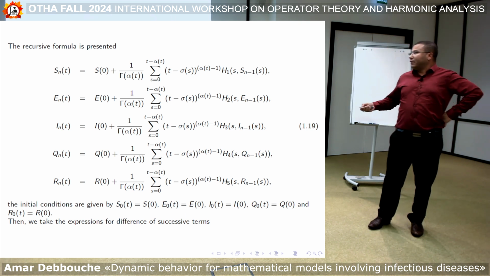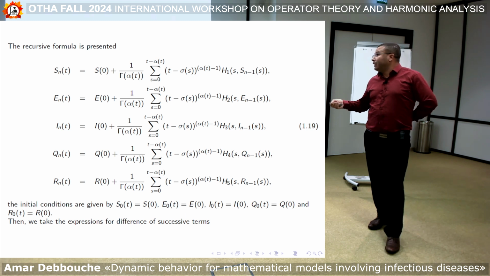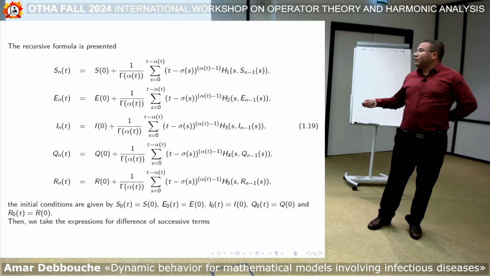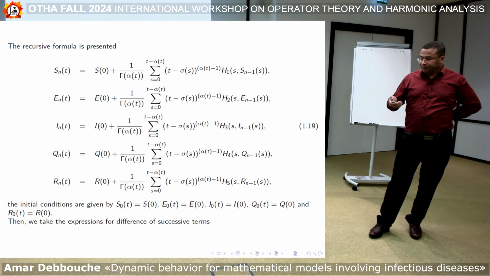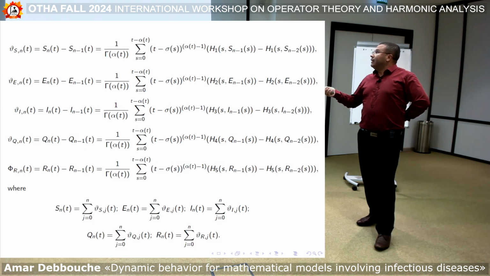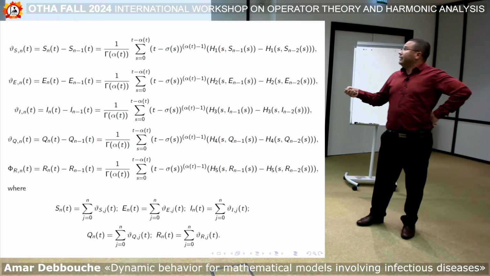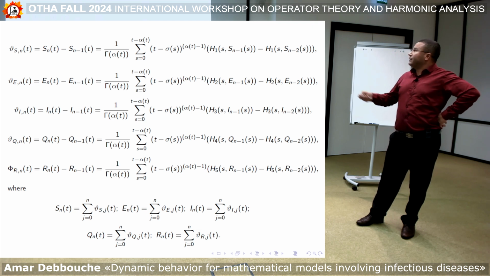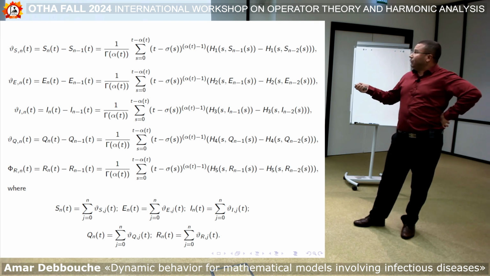After that, we take the expressions above for the difference of successive terms. So we rename this part with this form, which is given in terms of these sums, having in mind that we have the Lipschitz condition for these kernels.